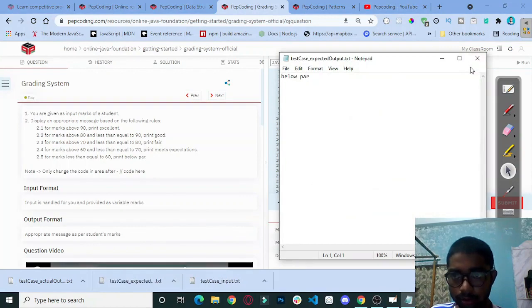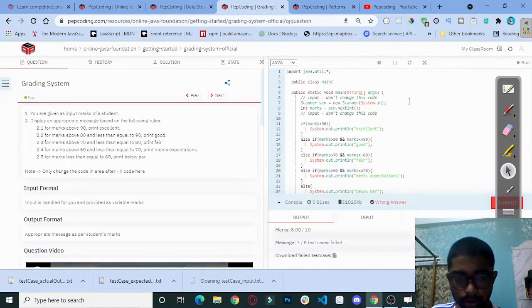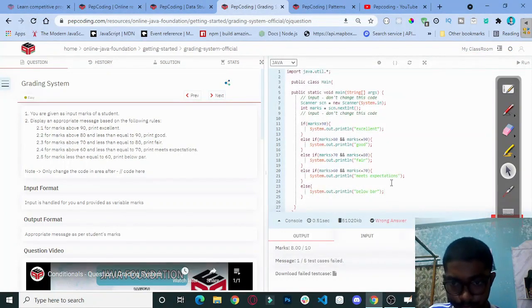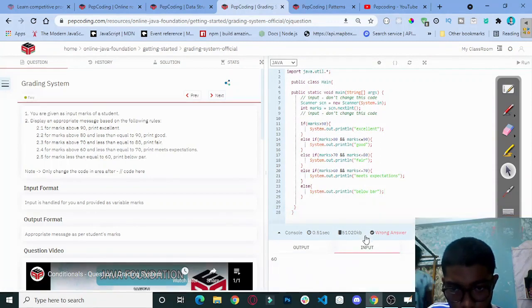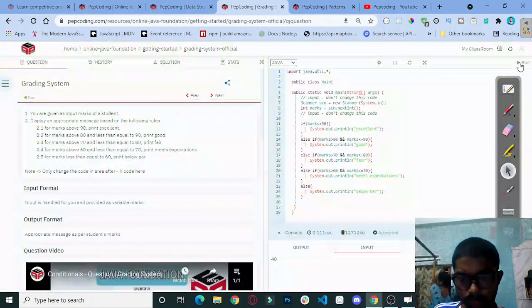Expected output below par, and my output is also below par. Why is it so? Let's keep the input 14 and check it. Yes, it is accepted.